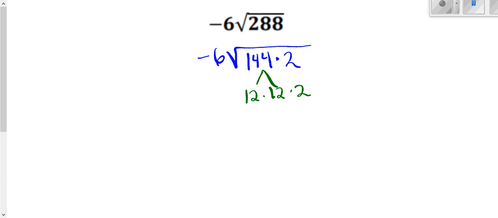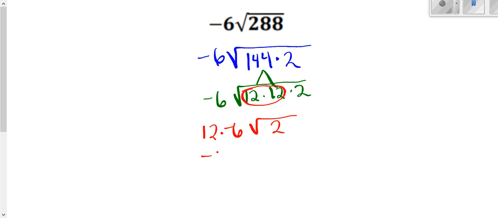So I have 12 times 12 for 144 times 2. So I can take out my pair of 12s. So I have 12 times negative 6 square root of 2. And now I have negative 72 square root of 2.